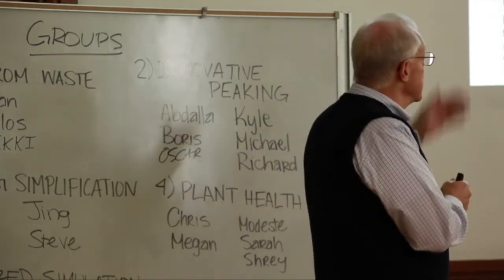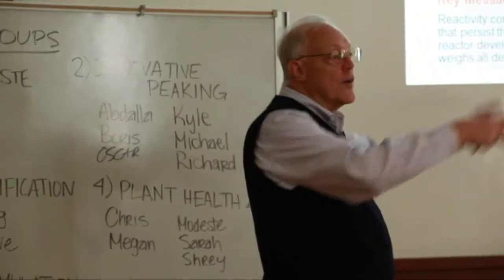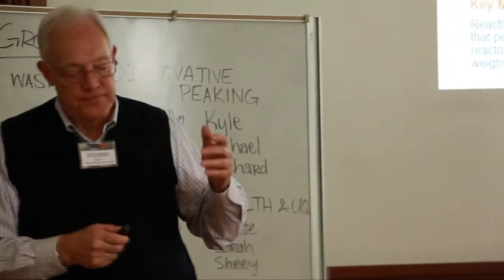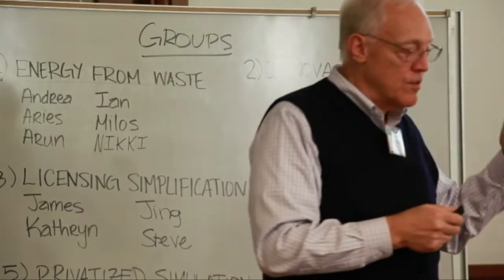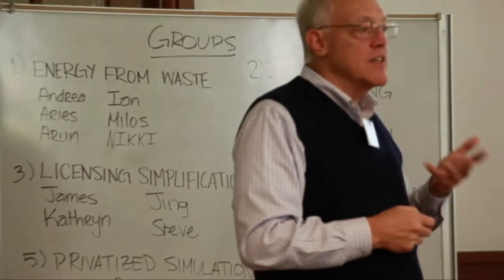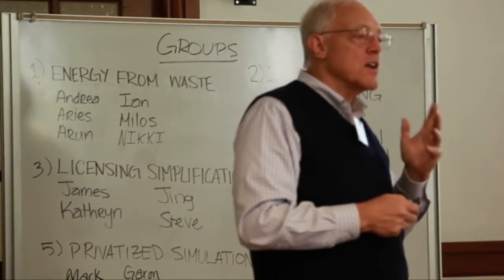So if I go back and do the trade-off studies, I said, well, it's more expensive to tailor the core, putting burnable poisons in the core to follow the reactivity characteristics. It is more expensive, no argument.